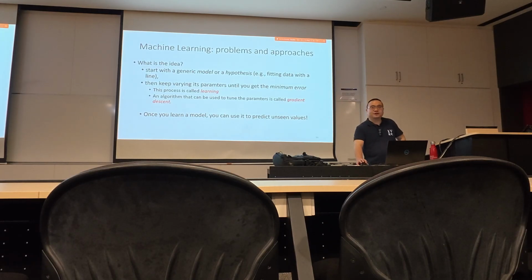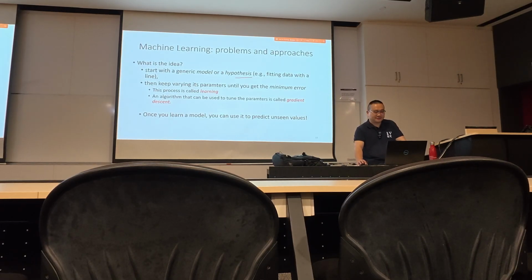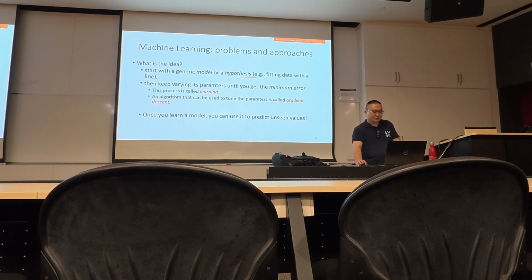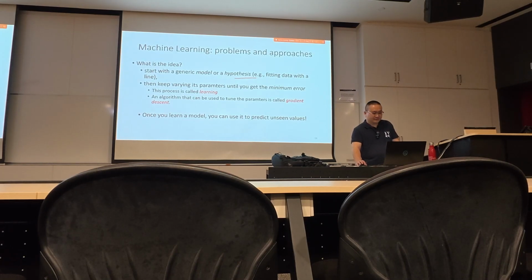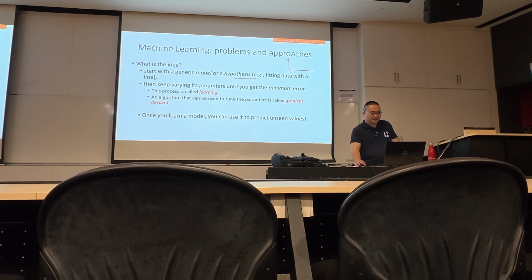So what's the idea of training a model? Basically, we start with a generic model or a generic hypothesis. An example is that given a lot of data, we need to fit a line to the data. For example, you are given data about house prices. You have the size of the house as the x-axis, and the price of the house as the y-axis, and you have a lot of data.